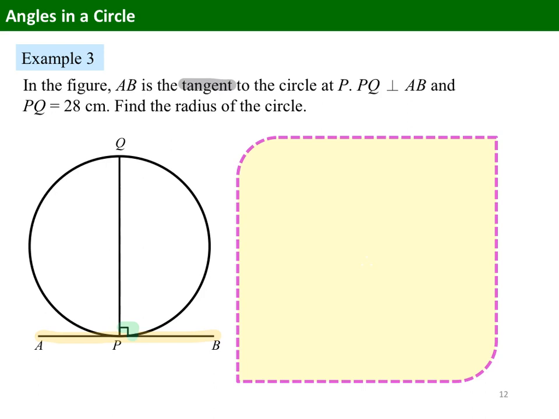Okay, we mark it somewhere here. Okay, it makes sense. PQ passes through the center. Then PQ is diameter. And it is 28 cm. Then we have the radius is half of it.